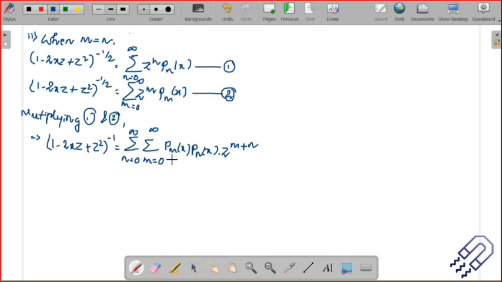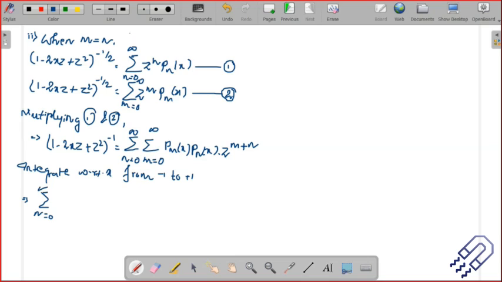Now we want to integrate it, of course, because we need this term. So we will integrate with respect to x from minus 1 to plus 1. Let's do it now. To be easy, take the summation sign out of integration.